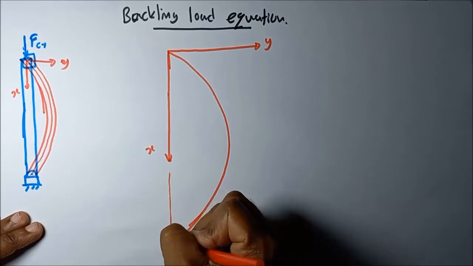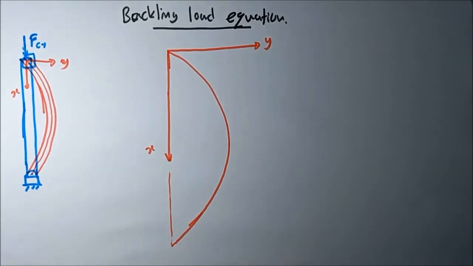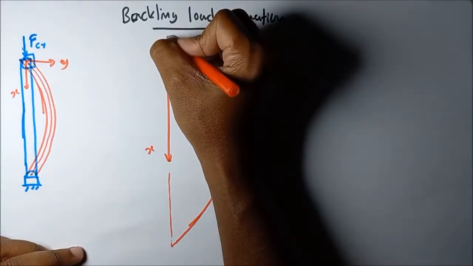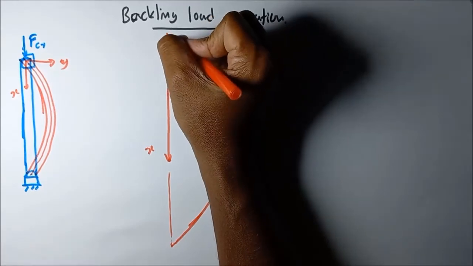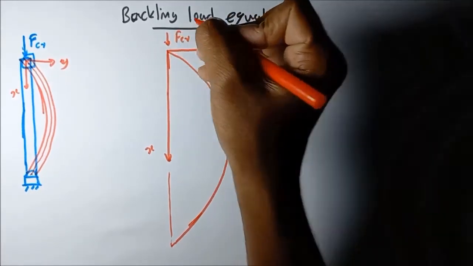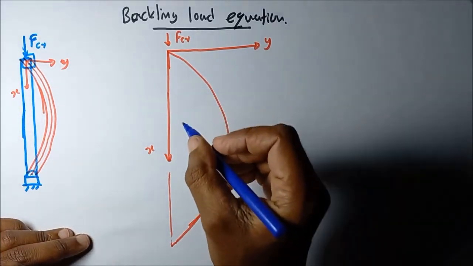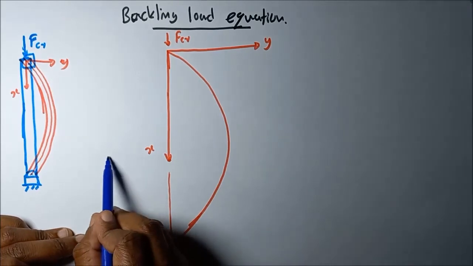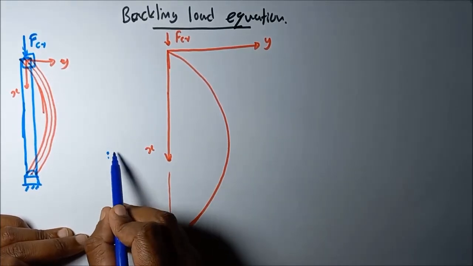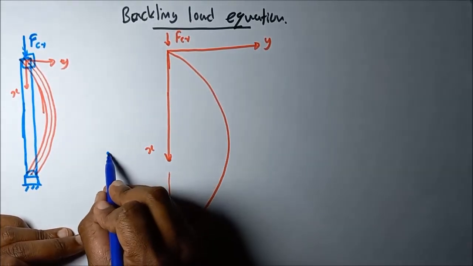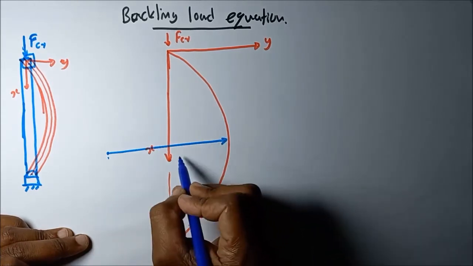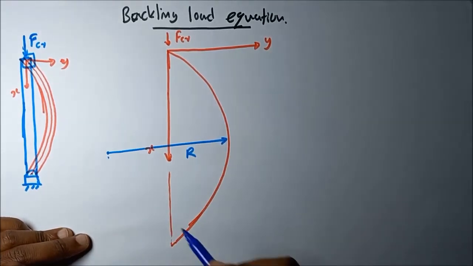This is our column. Let's assume when the structure reaches a critical buckling load, it will form this kind of curvature before failing. Then let's take the radius of the curvature as r.